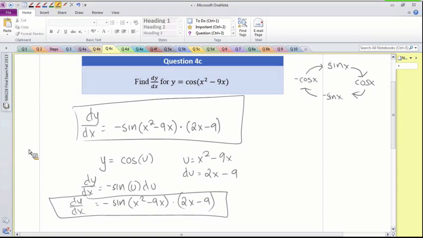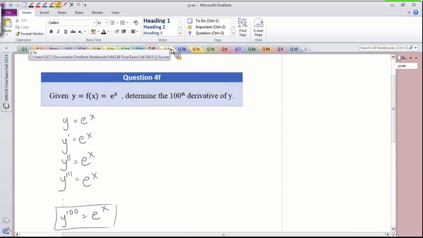So if there's no other questions, 4f. So 4f is easy. If y is equal to e to the x, then the first derivative of e to the x is e to the x. It's a special derivative.